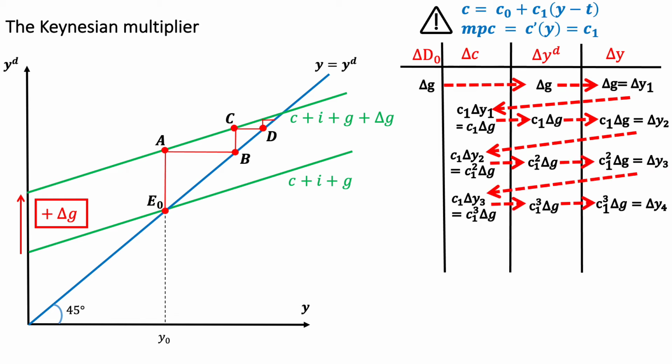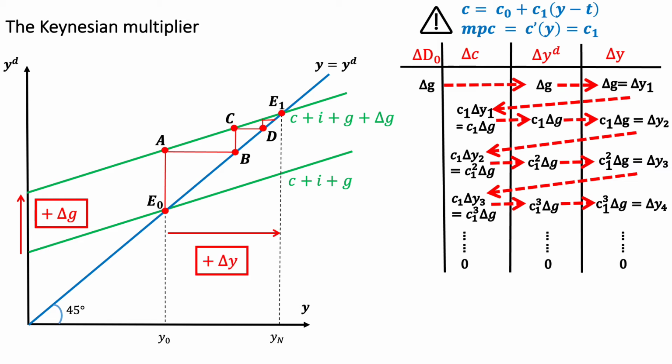These different waves will continue until we reach the final equilibrium E1, where we have equality between demand and production. If we want to calculate the overall increase in income over the whole process, we can add all the additional increases in income that occurred at each wave.